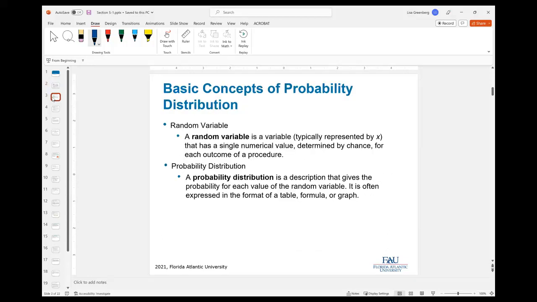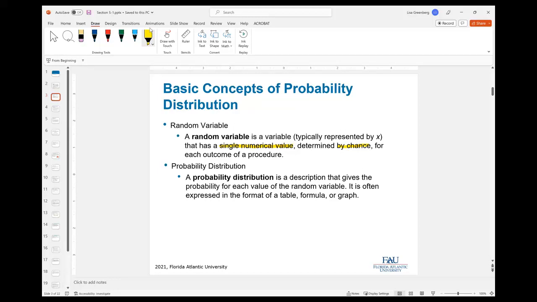So let's talk about the basic concepts. What is a random variable? A random variable is a variable typically represented by X. It doesn't have to be, it just usually is. It has a single numeric value. So here are the important things: it's numeric, a single numeric value, and it's determined by chance for each outcome.